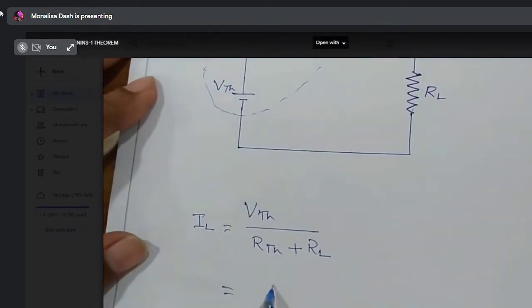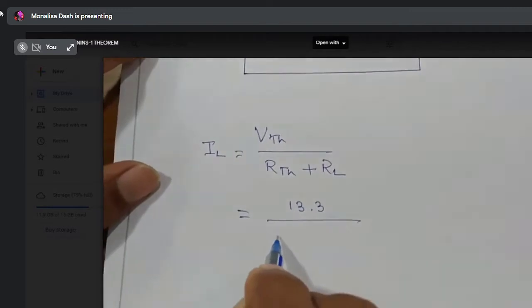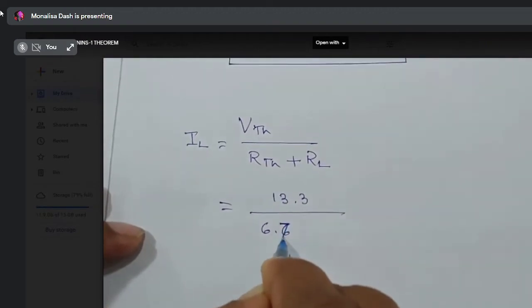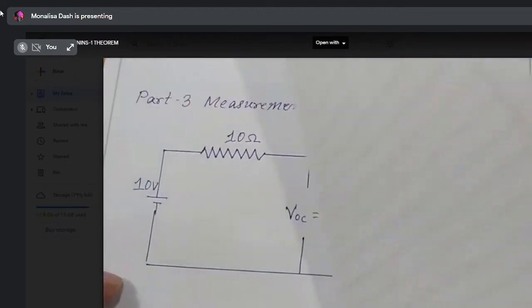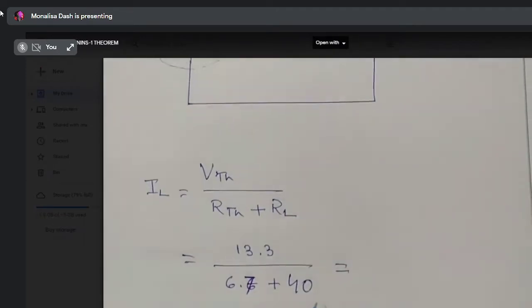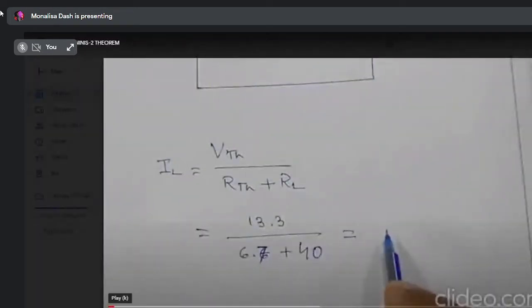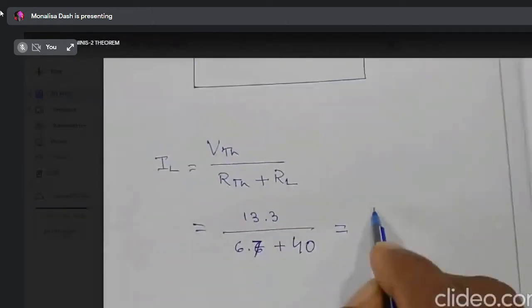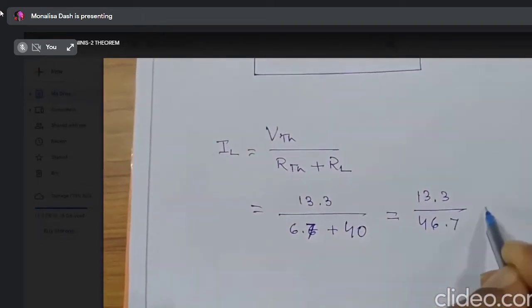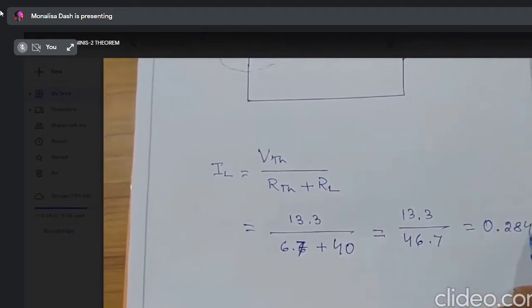Here this is your VTH, 13.3 volt, and RTH equal to 6.66 or 6.7, plus load resistance, 40. So 13.3 divided by 46.7 is coming 0.284.